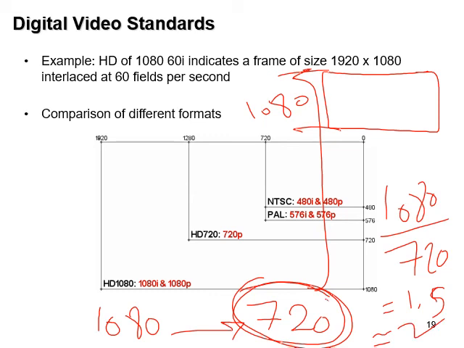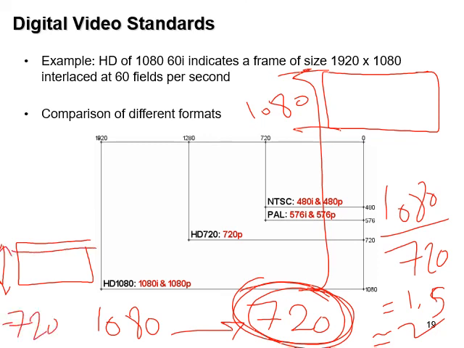This means every line here will be copied into 2 lines on the display. So if these are the 720 lines, we will take one line here, and that line will be copied into 2 lines in the 1080. And we will do that for every single row that we have in the 720.